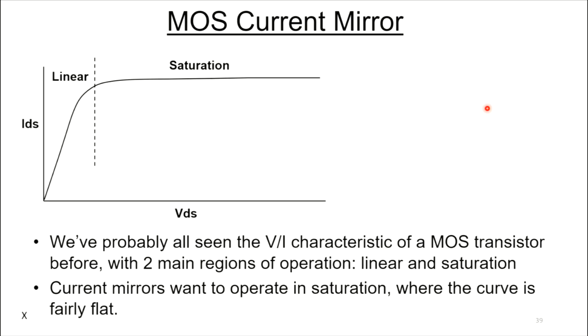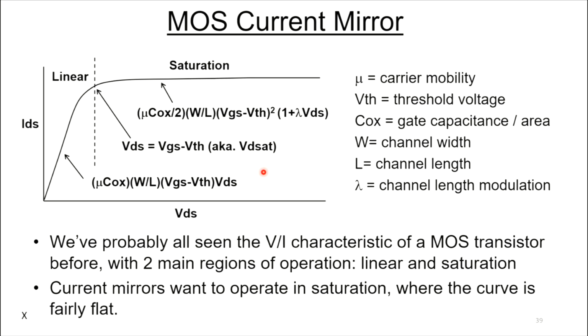So we've probably all seen this VI characteristic of a MOS transistor before. Aside from cutoff, there are two main regions of operation. You have the linear region, where it looks like a resistor, and then you have the saturation region, where it looks like a flat device. I hate to do this, but I'm going to put some equations up here.